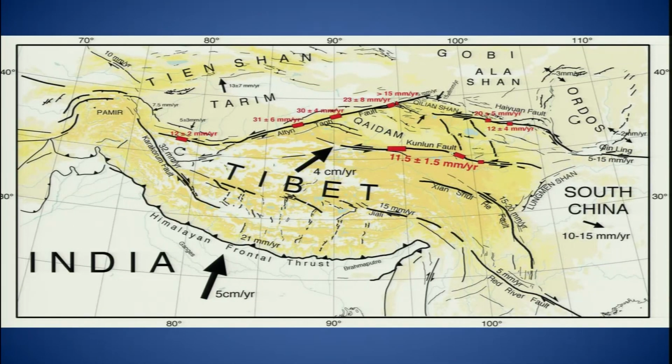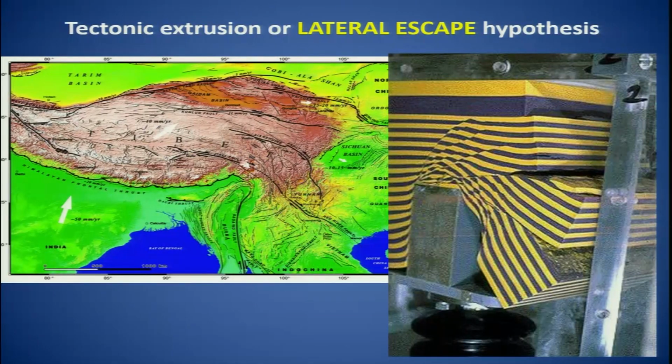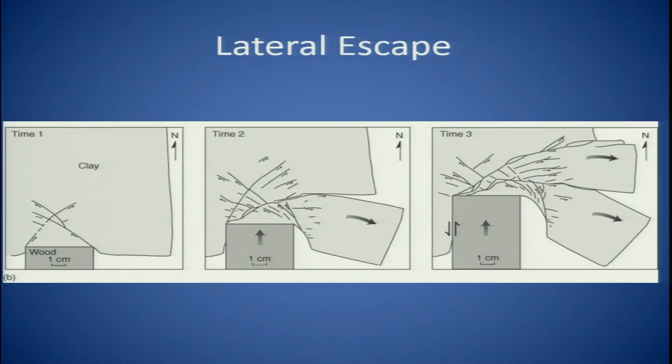The hypothesis proposed here shows that if a metal or wooden plank is intruded into clay, you will have formation of conjugate fractures or faults, which result in displacement along the fractures or faults. This is related to the escape hypothesis.